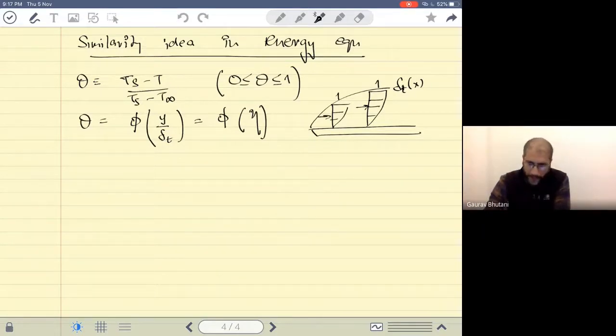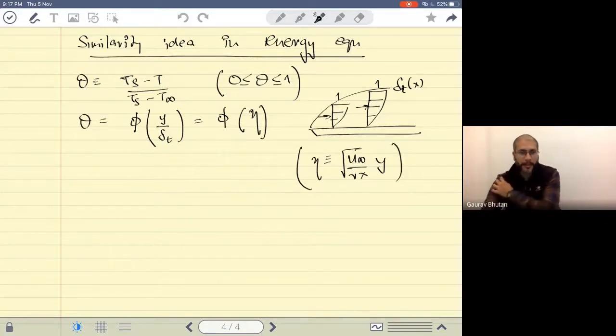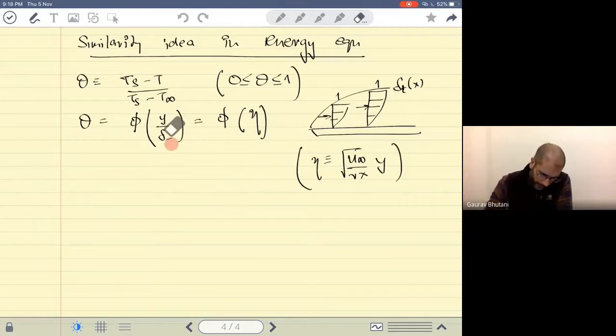Now your eta is the same eta as we defined earlier. Although this is for the thermal boundary layer, we still use the same. The order of magnitude analysis gives us the same eta here. So for simplicity, we simply will write delta here.